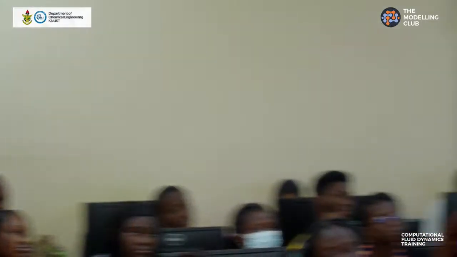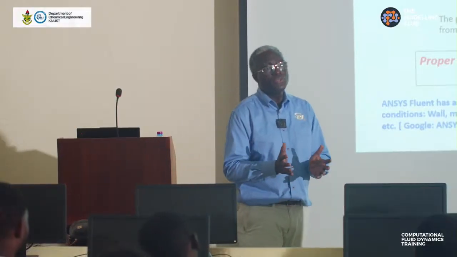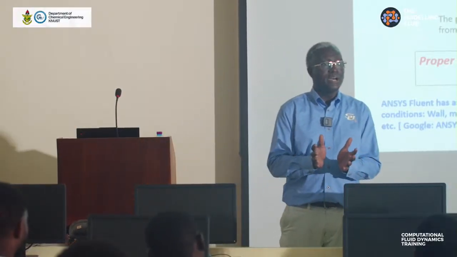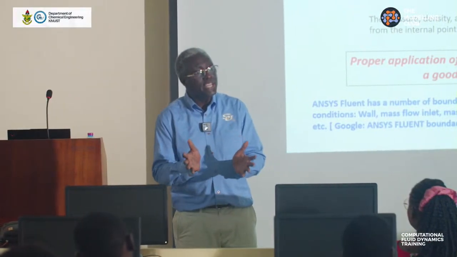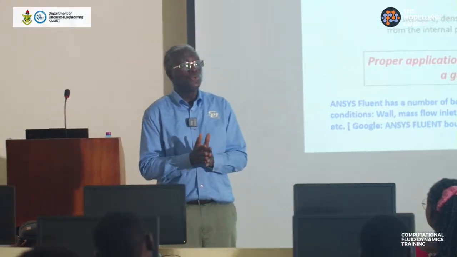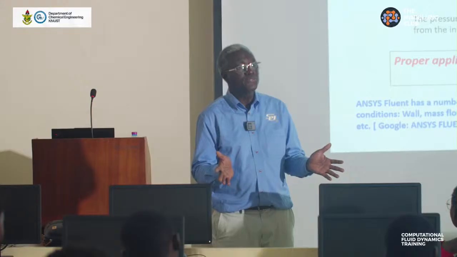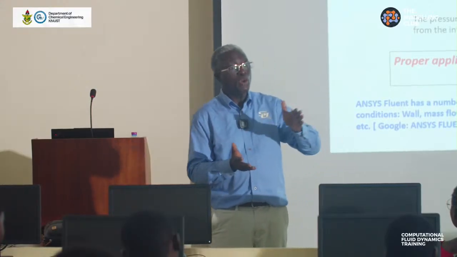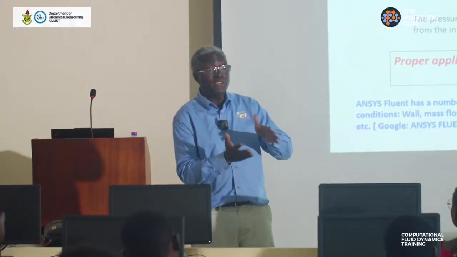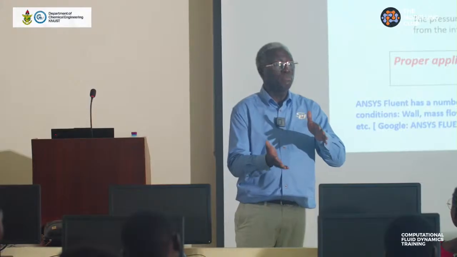Okay, so now you are talking about multi-phase flow. Depending on the nature of the flow, you can have a two-component multi-phase flow, let's say air and water, which are not miscible.